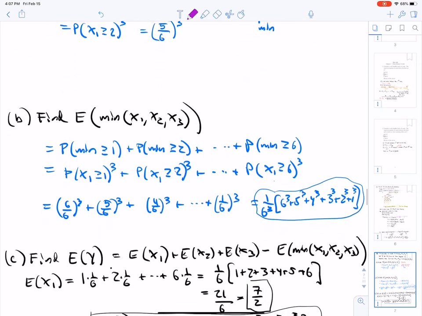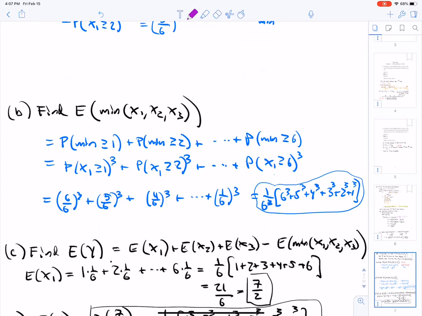And so then the expectation of the minimum is going to be the probability that the minimum is greater than or equal to 1 plus the probability that the minimum is greater than or equal to 2, and so on. You can show then that this is the boxed formula there in blue.